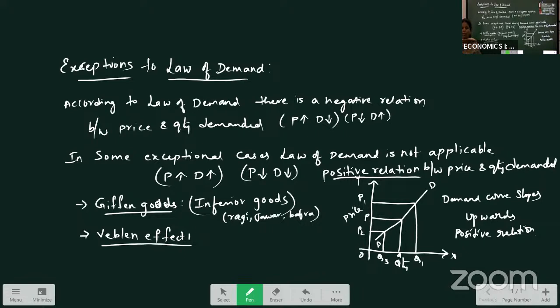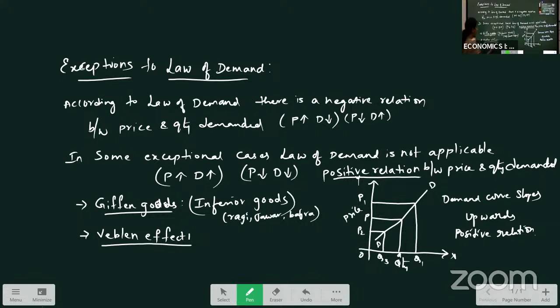It means as the price increases, demand will not decrease. Why? Because people use luxury items for social status, to show off their status. When the price decreases, they feel that they could not show status to others. That's why they reduce the demand.